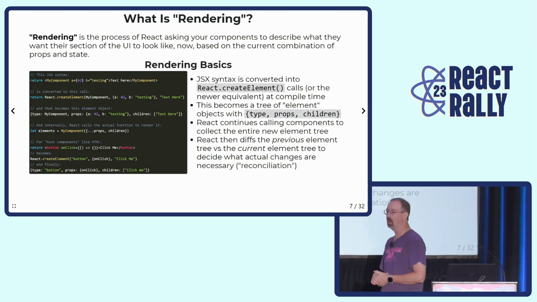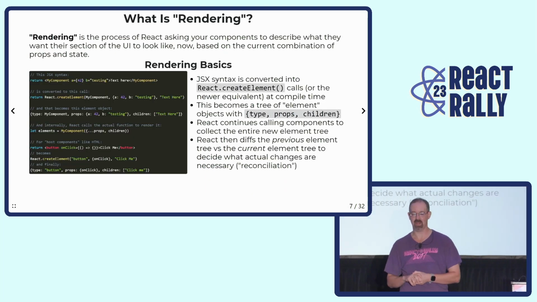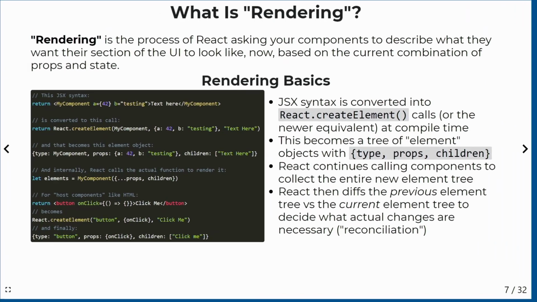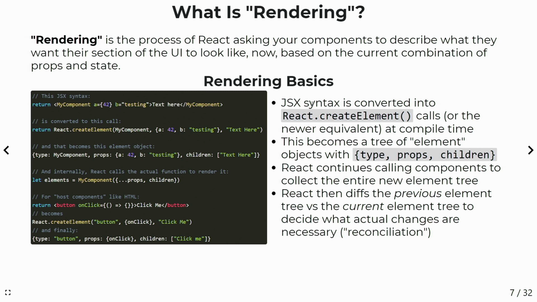All right, so what is rendering? Rendering is the process of React asking your application components, what do you want the UI to look like at this point in time based on your current props and state? And when we write components, we're usually writing them with JSX syntax, you know, angle bracket my component. But that actually has to get converted into function calls to React.createElement or a newer equivalent.